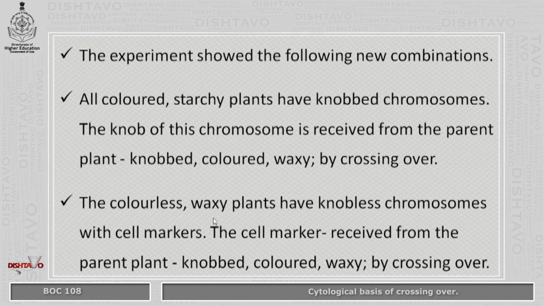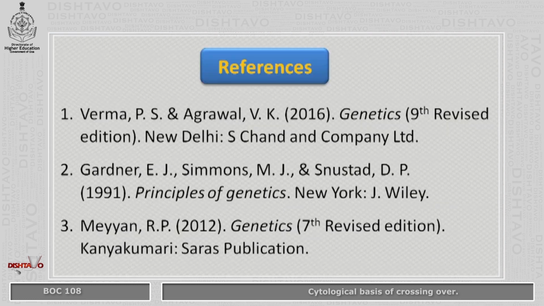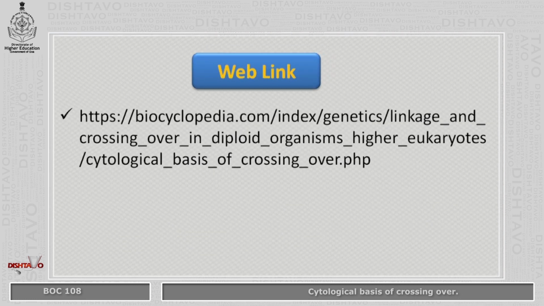The cell marker received from the parent plant that was knobbed, colored and waxy, was by crossing over. So crossing over resulted in progeny which could be easily identified under the microscope because of their cytological differences. Thank you.